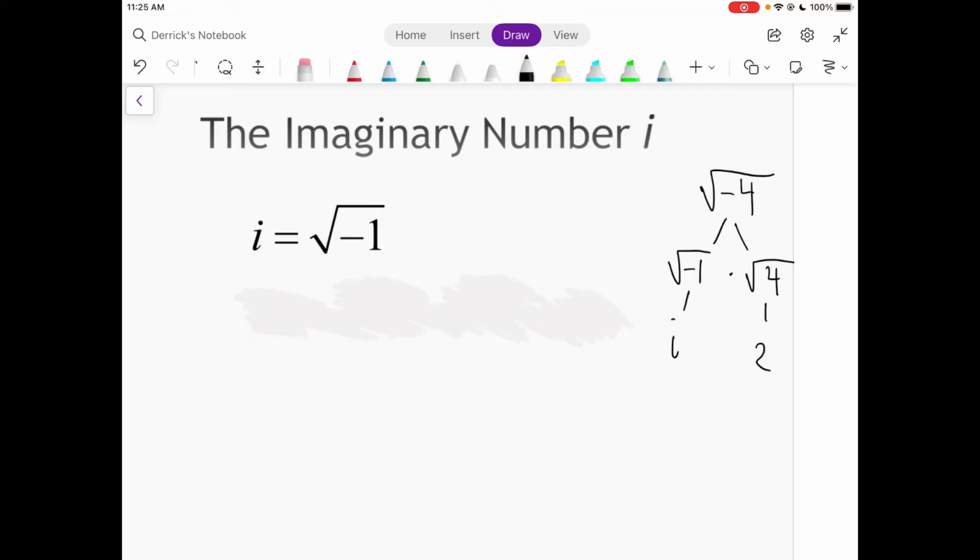You can just plug in the square root of positive 4. Now we could say that the square root of negative 4 is simply equal to 2i. And that's generally how all square rooting of negative numbers is going to go. You're basically just going to take the square root of the positive version of that number, and then you will also have an i with it.